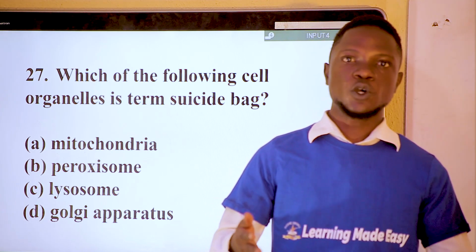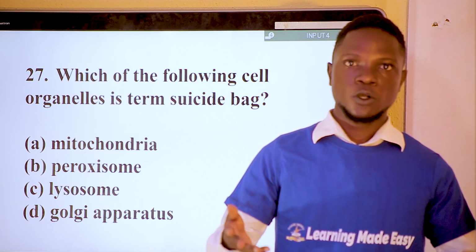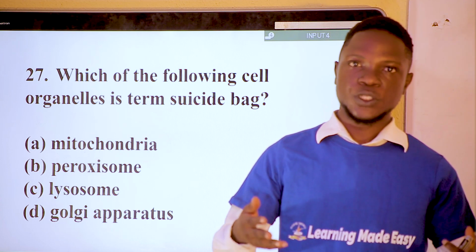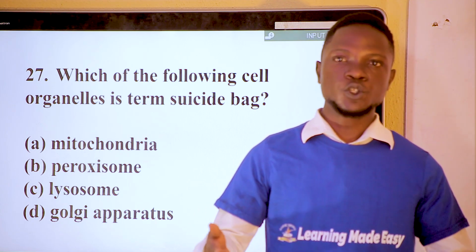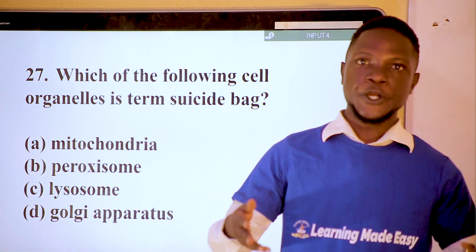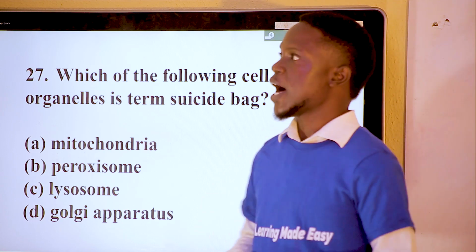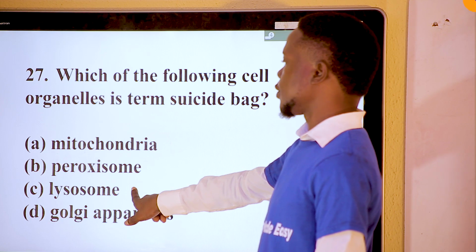This process is called apoptosis, which means self-destruction of cells. These organelles are called lysosomes. Lysosomes produce enzymes that break down and destroy cells. So the answer to this question is lysosome, option C.